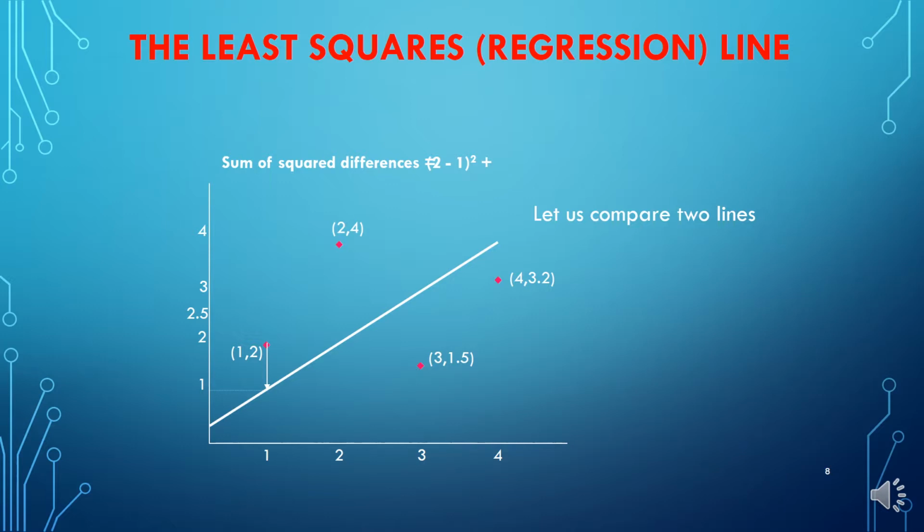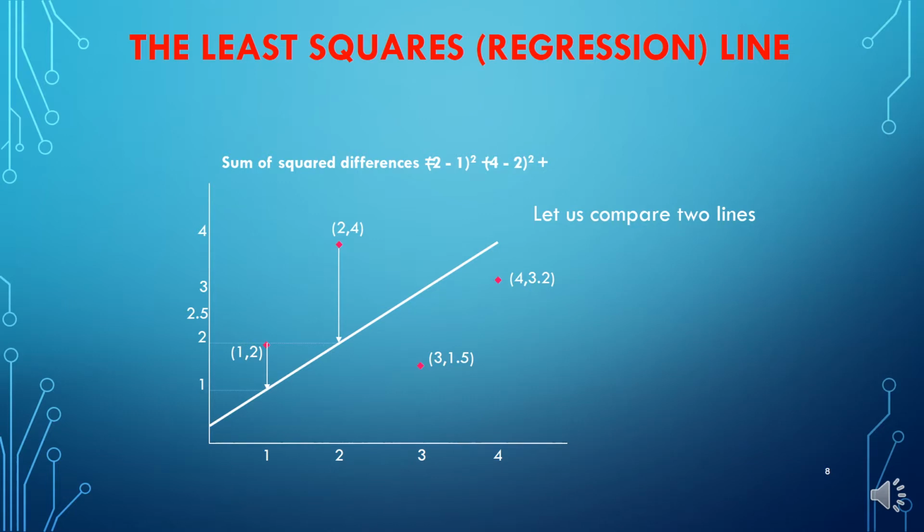So there is an error. The error is 2 minus 1 whole square because x is same in any case. And y only, but the actual is 2 and estimated is 1. So the error is 2 minus 1. We square the error. If you don't square the error, some errors will cancel out, plus or minus will cancel out, and we get a wrong inference. So we square the differences at each point.